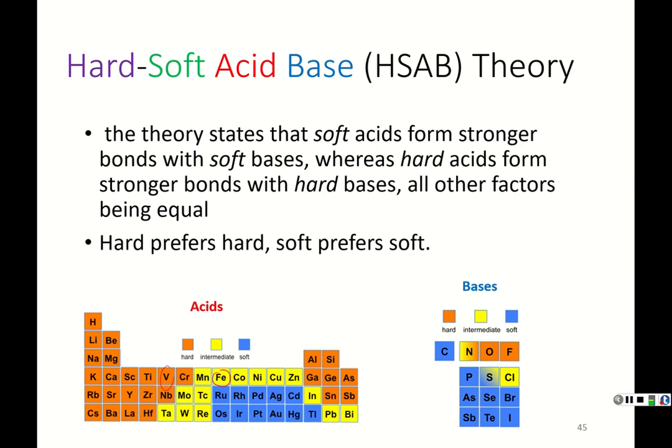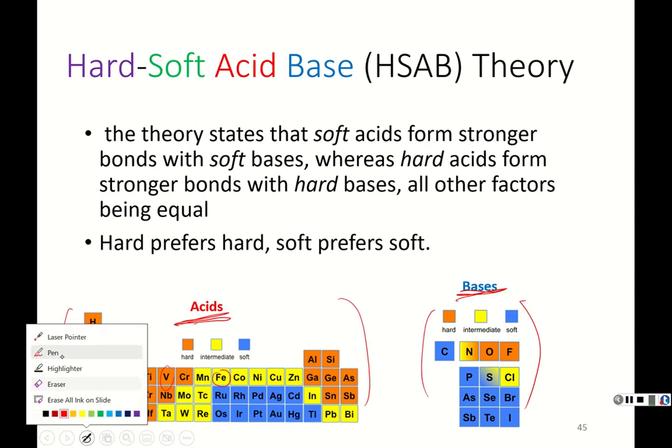What I do expect you to know, though, is how hard and soft things react together, how they form stronger bonds, what combinations would make stronger bonds, and the types of things that are considered acids and the types of things that are considered bases, right? So acids are going to be metals, right? In the Lewis definition, those are what's accepting our electrons. And our bases will be nonmetals because they'll be the things that donate those electrons.